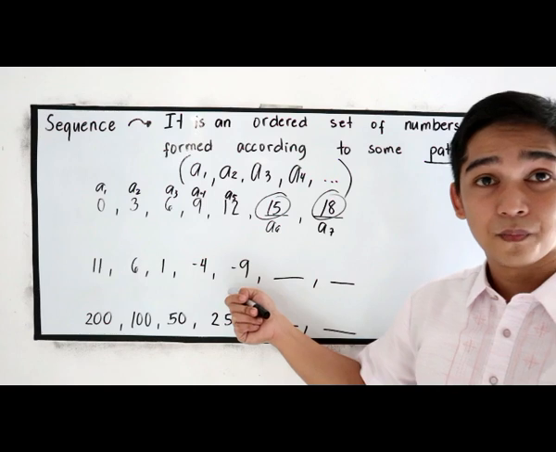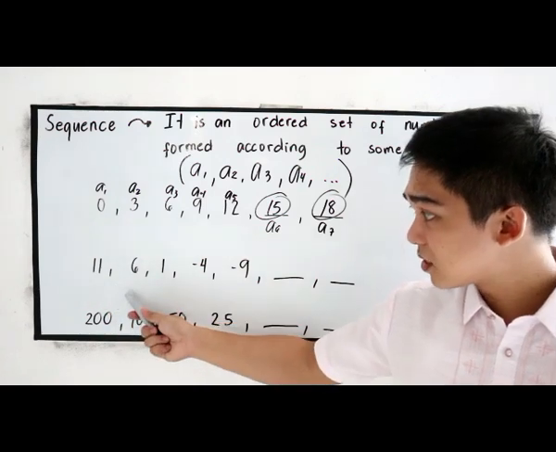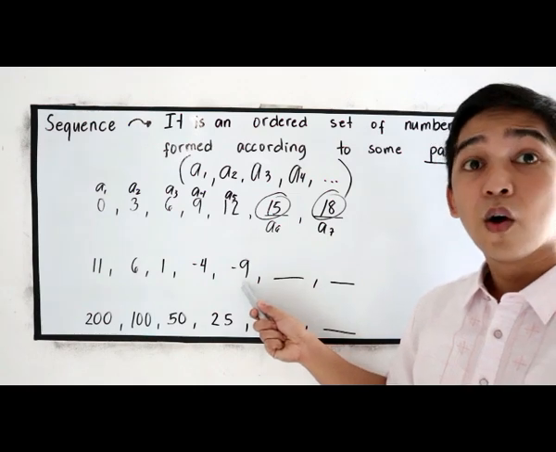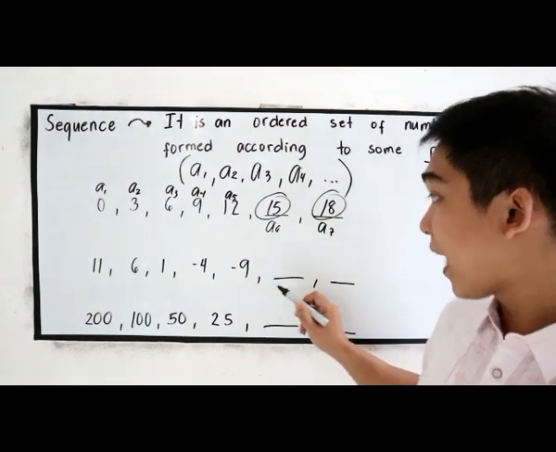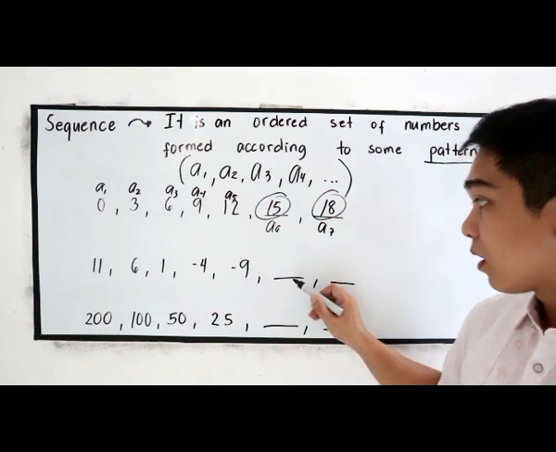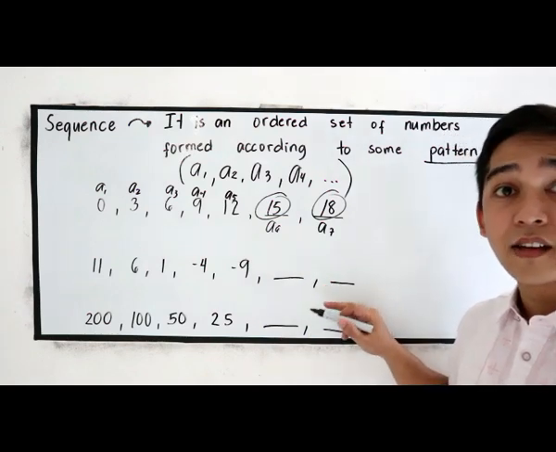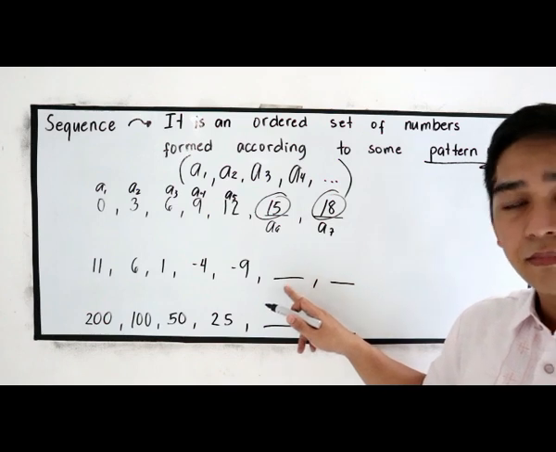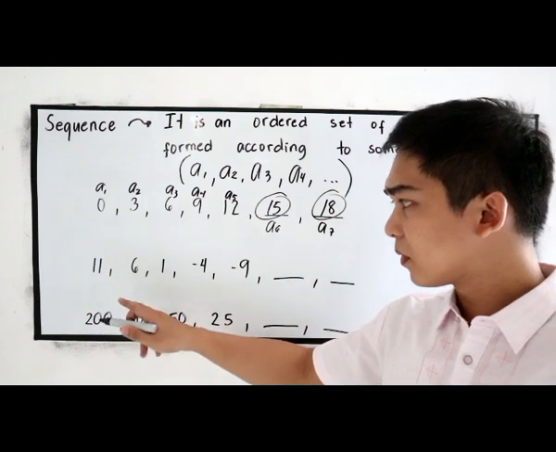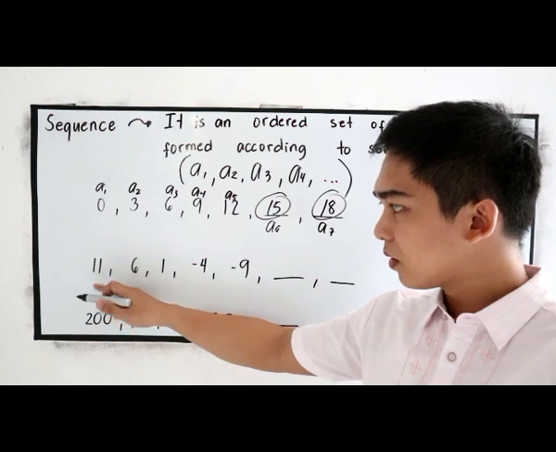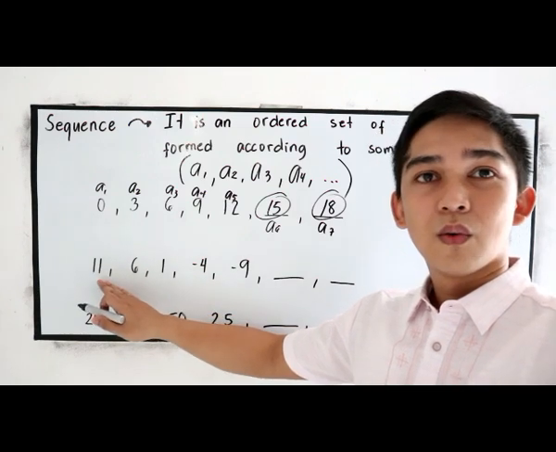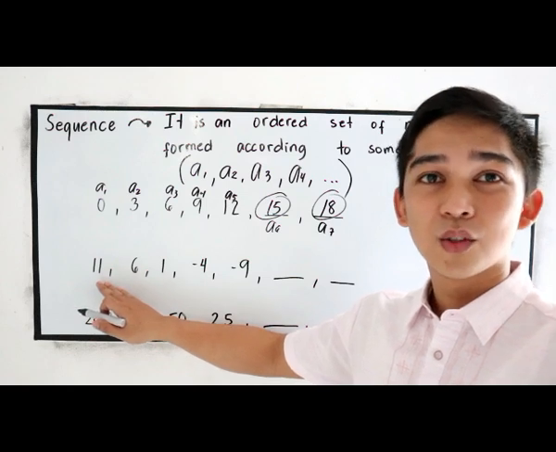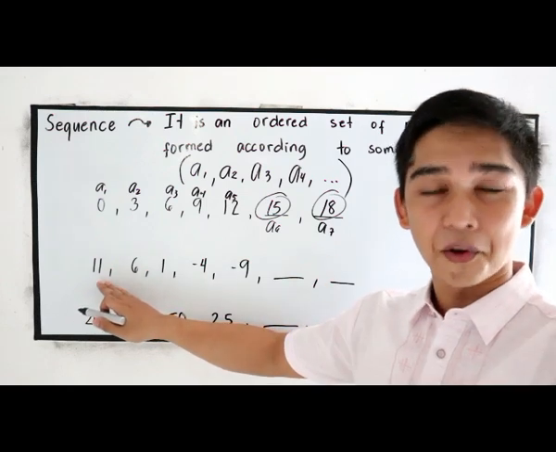Another example. 11, 6, 1, negative 4, negative 9. What will be our next term? Take a look at the pattern. We subtract 5 to get the succeeding term.